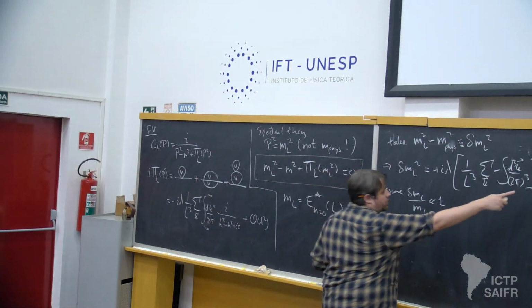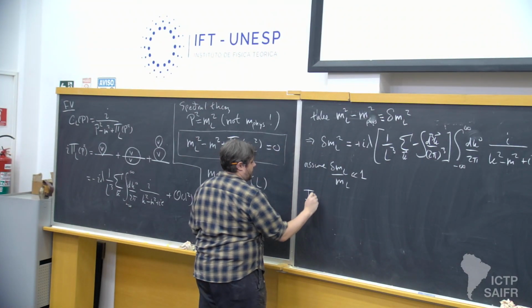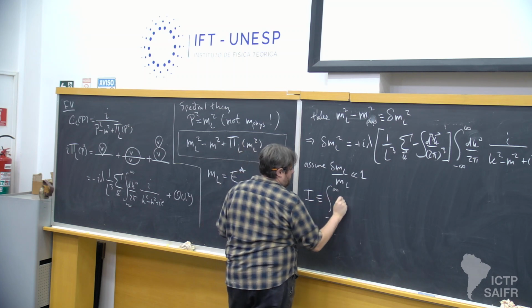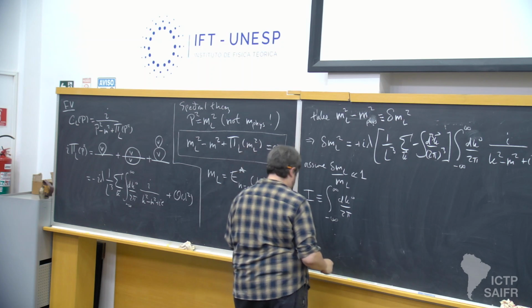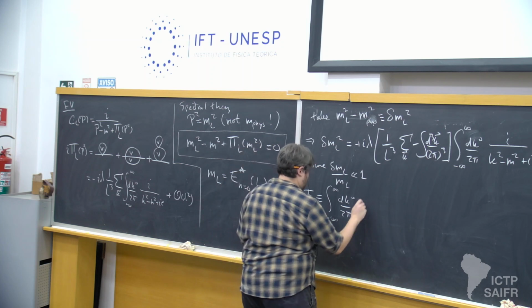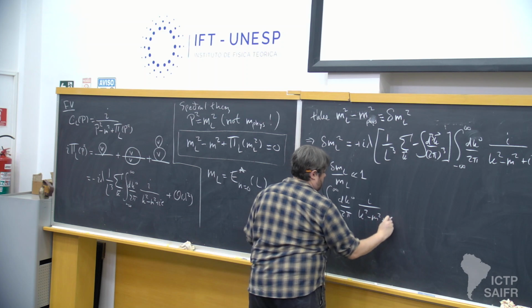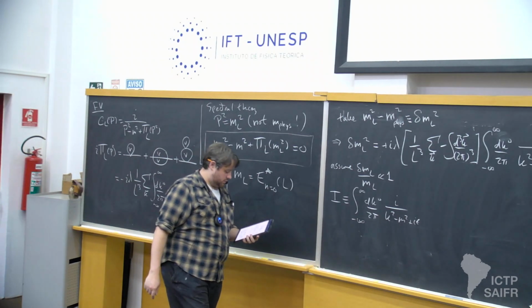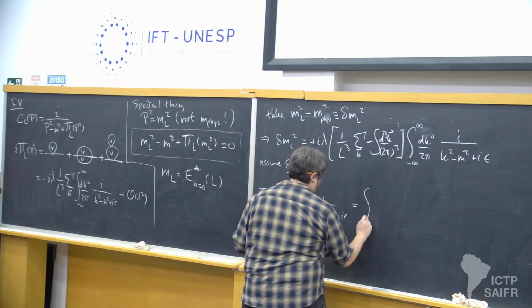Let's do this temporal integral. So let me write I. We can use Cauchy's theorem to solve this integral by identifying the pole structures.